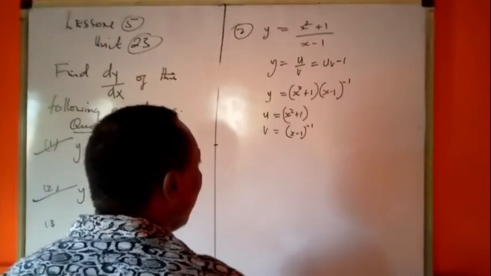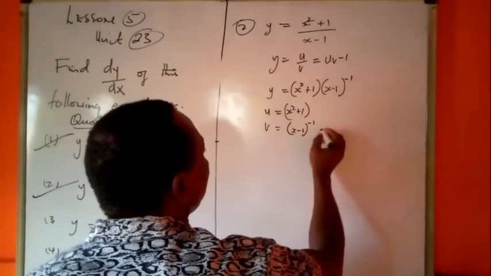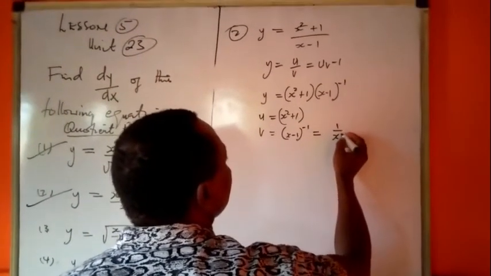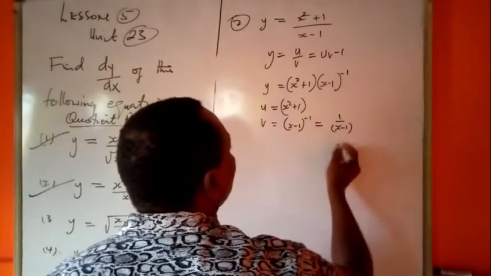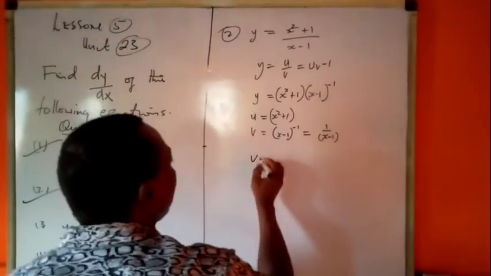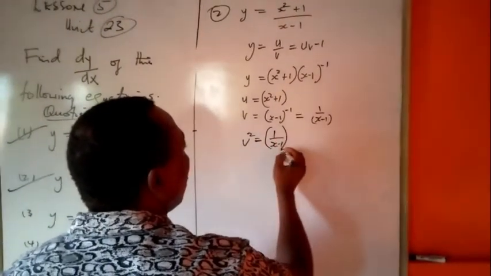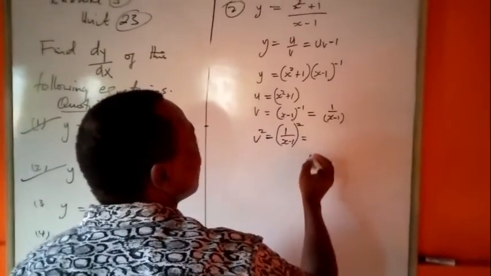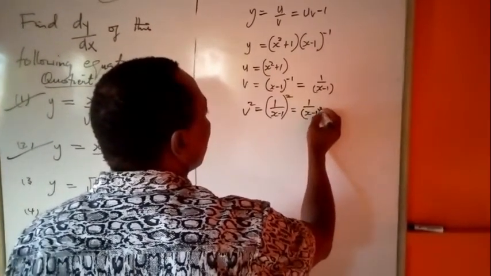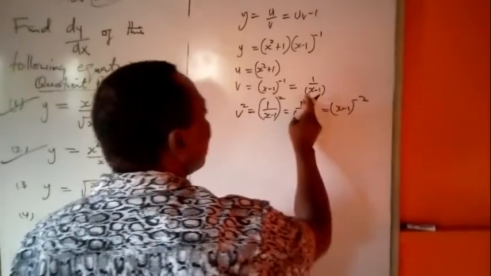Your v squared will now become, because what you have here is nothing more than 1 all over x minus 1, so therefore your v squared is simply 1 all over x minus 1 all square, which is the same thing as x minus 1 raised to power minus 2, because of the reciprocal.